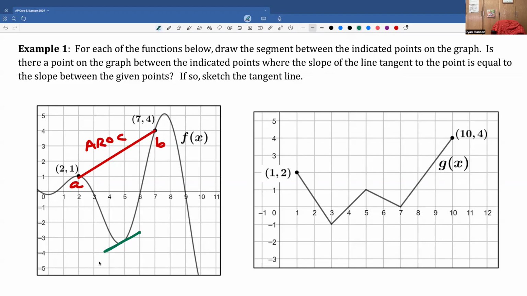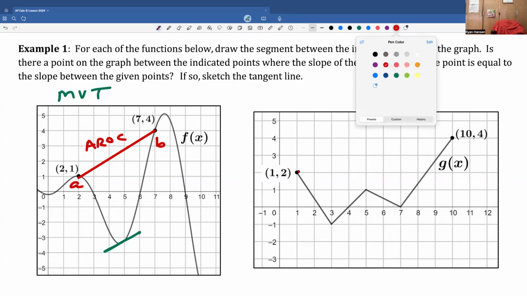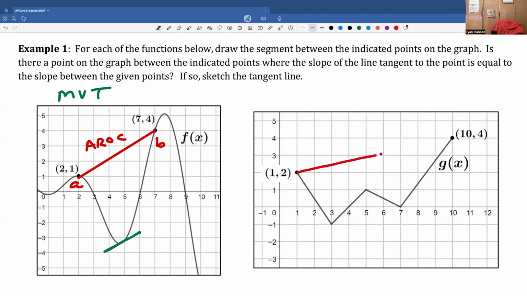You guys believe it? Okay, what you're looking at is a visual illustration of the mean value theorem, but I need to tell you more about it. Well, let's go to the next one. If you guys try to freehand connect these two, the slope is what it is, right?